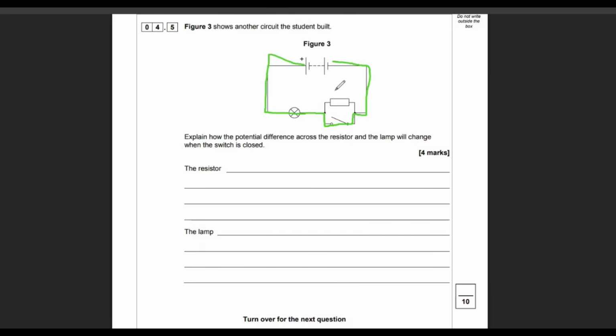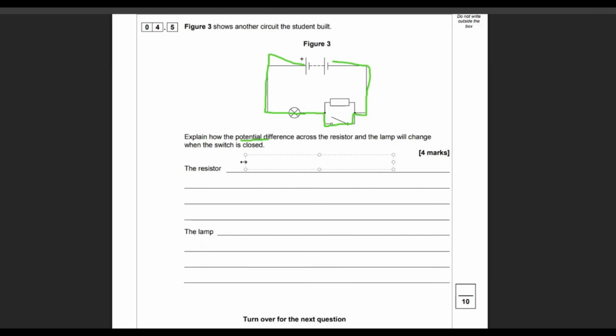So what I would say is you're going to end up with no current and therefore no potential difference here. In the resistor, the voltage, which is potential difference, is going to decrease because the switch has no resistance, and so current flows through the switch instead. Let's put that.